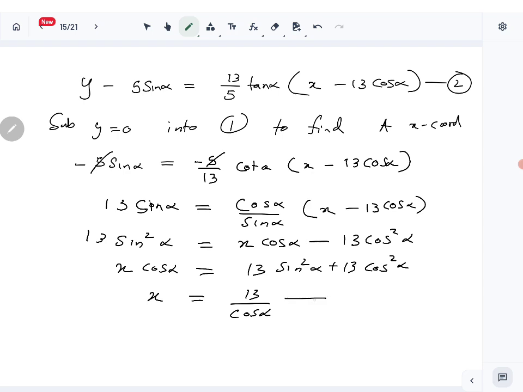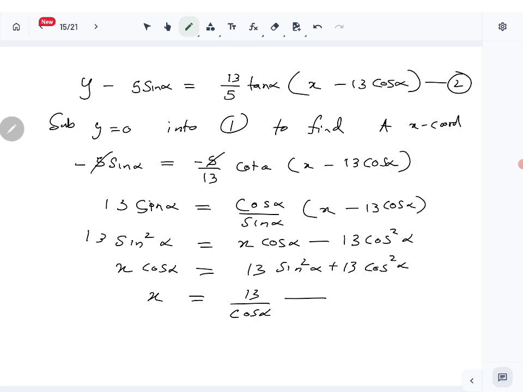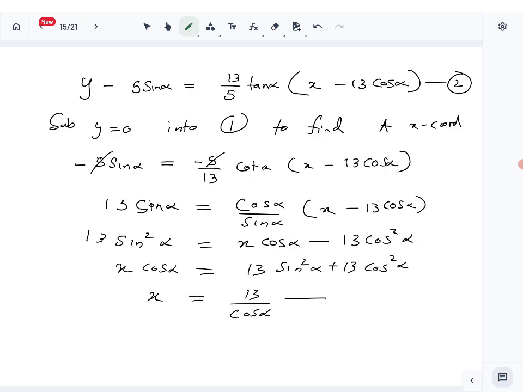So this is the x coordinate of A. This is the same as OA, the distance. We'll take it as the modulus if it is required.